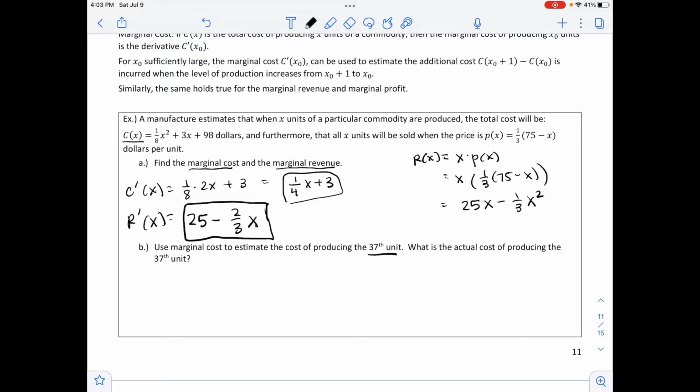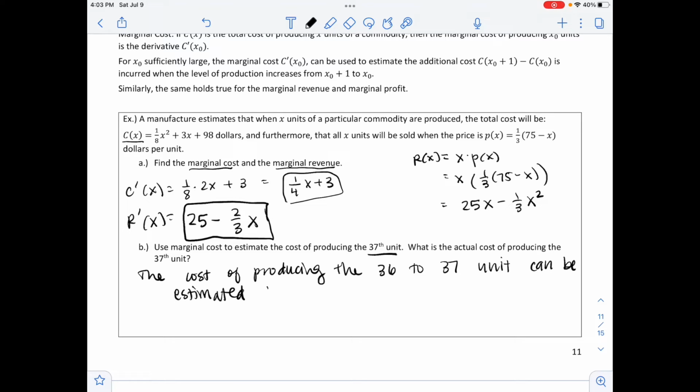So a change in the cost of producing from the 36th to 37th unit can be estimated by finding C prime of 36. So again, this is marginal, meaning additionally 1.